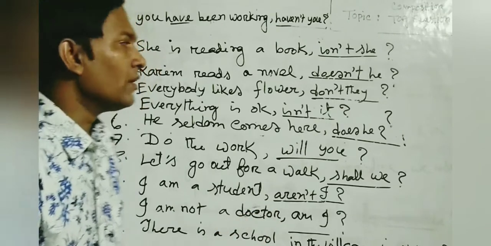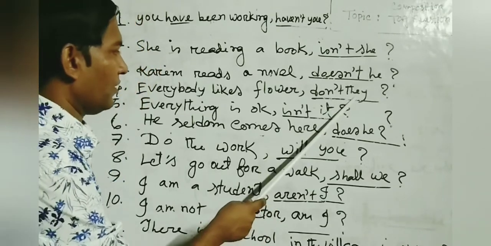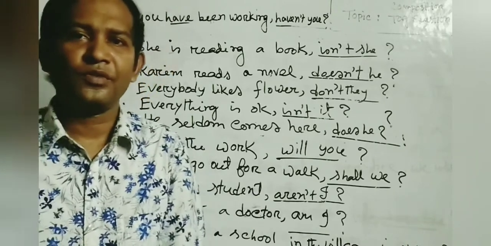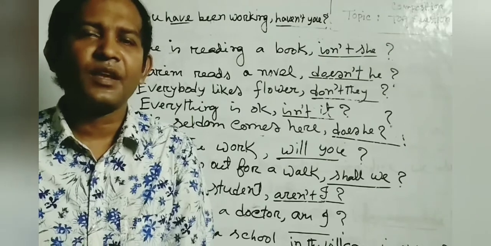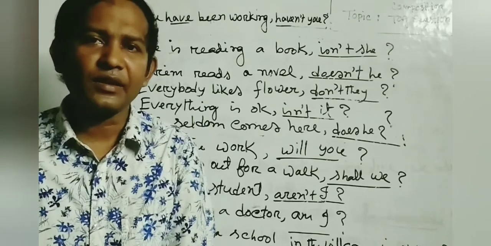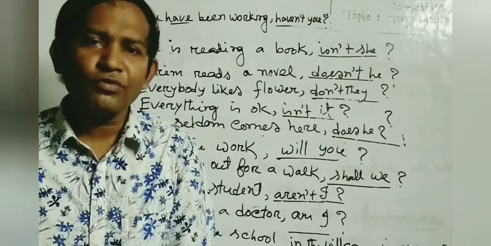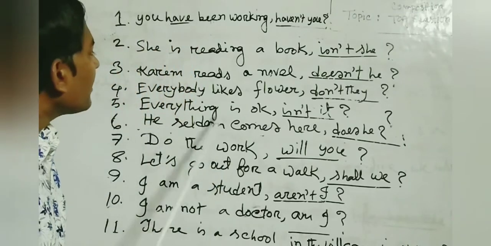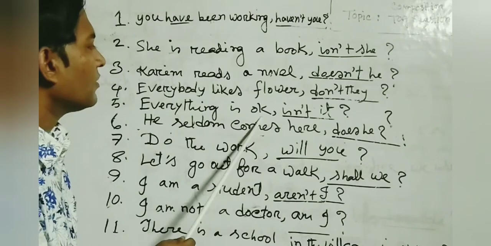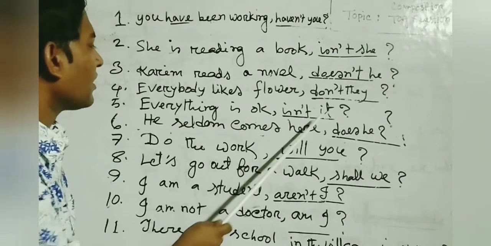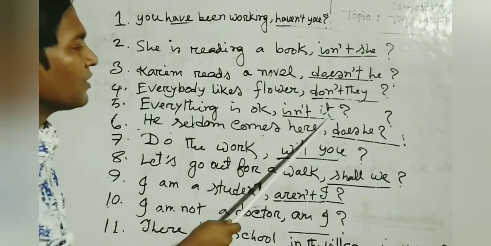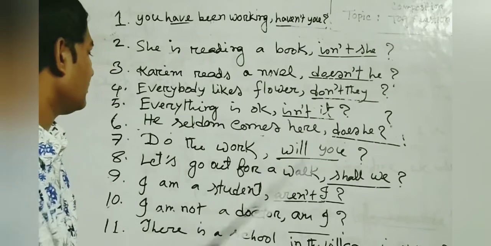The answer will be don't they. Students, if we refer to things such as anything, everything, nothing, something, we use it in the tag question. For example, everything is okay, isn't it? The sentence starts with everything, so we use it in the tag question.